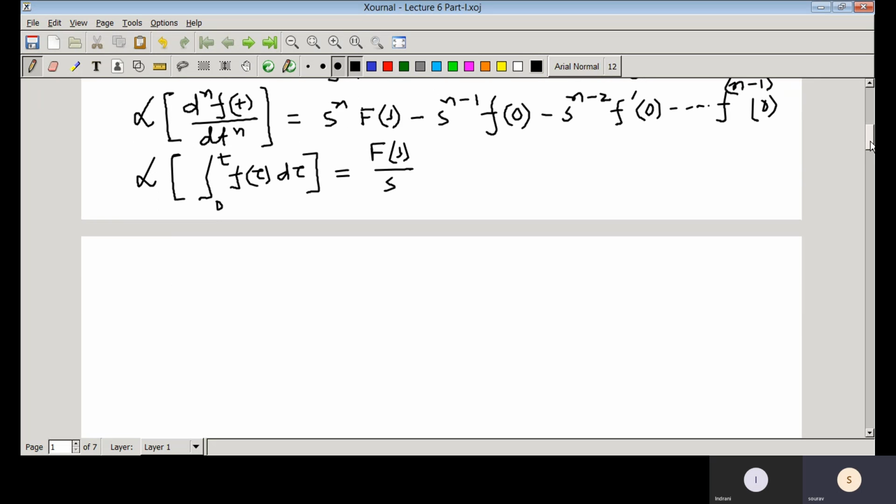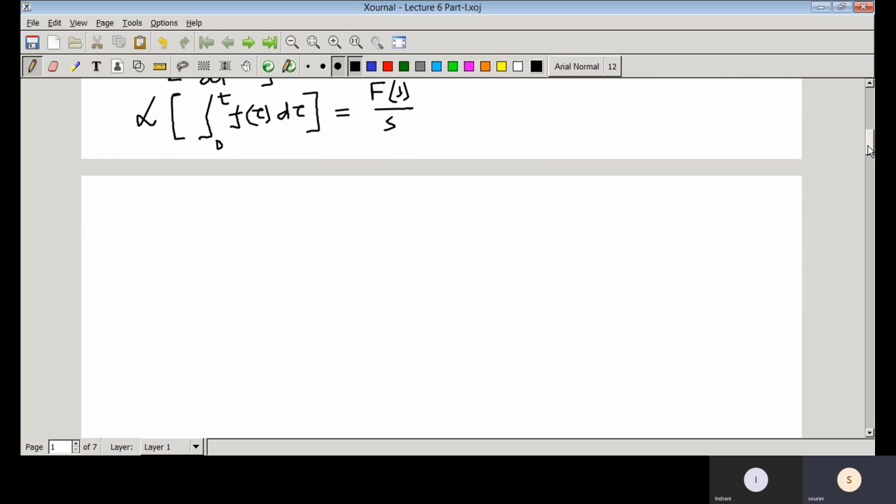And there is one important property of the Laplace transform. If you take the Laplace transform of the convolution of two signals, it would be the product of the two Laplace transformed functions.